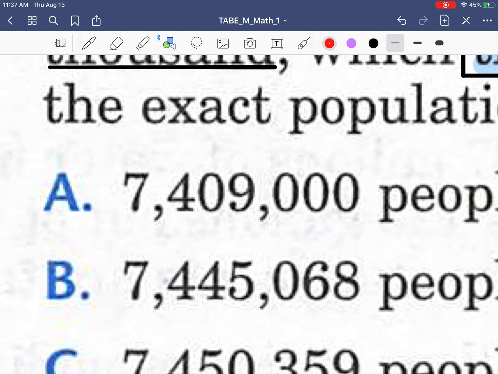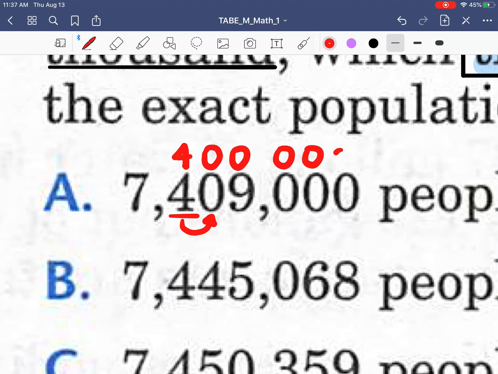So let's come here to the first one. Here is the 100,000 place. And, sorry, the neighbor says stay. Neighbors round off. Leader stays the same.